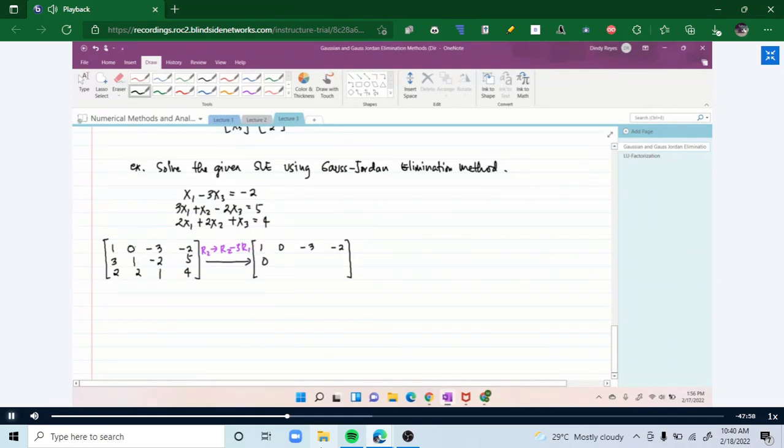R2 minus 3 R1 would still be 1. Now we have here negative 2 minus 3 times negative 3, which is negative 2 plus 9, so we get a 7. And then for this particular entry, that's 5 minus 3 times negative 2. So it's 5 plus 6. That's 11.